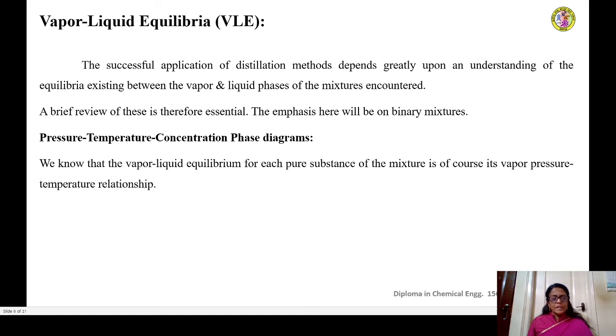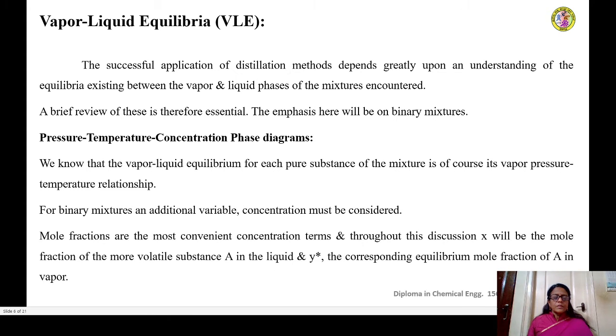When you consider a binary mixture, then you have an additional variable, that is concentration. So vapor liquid equilibria in the case of solutions means the relationship that exists between pressure, temperature and concentration.